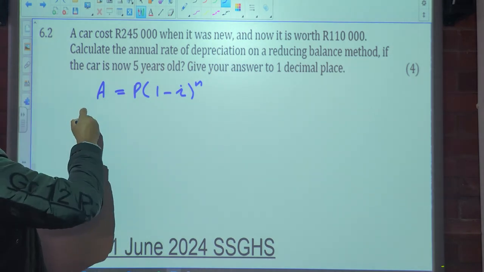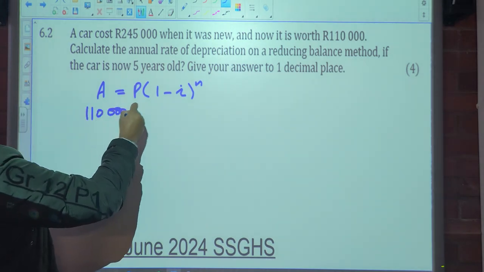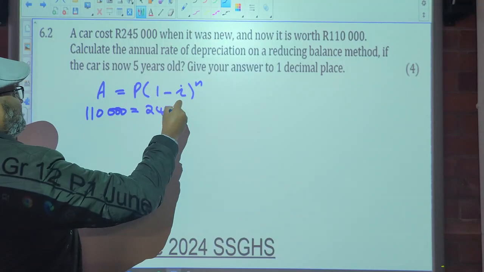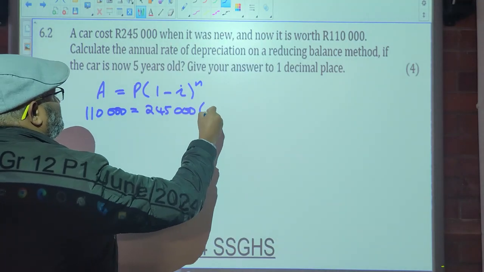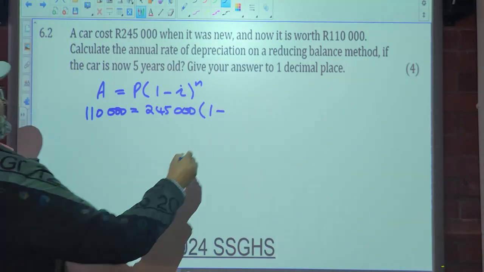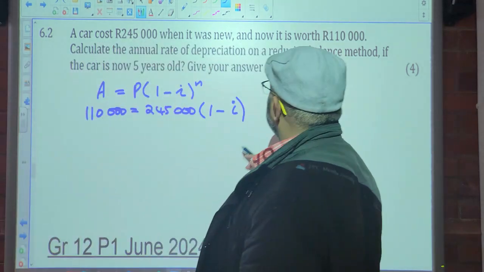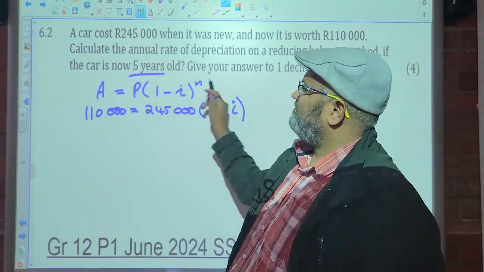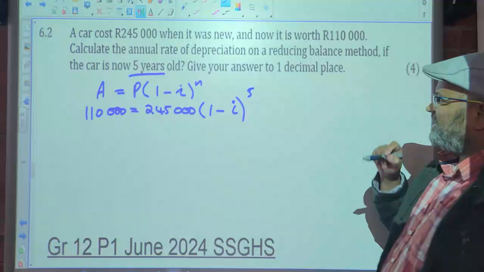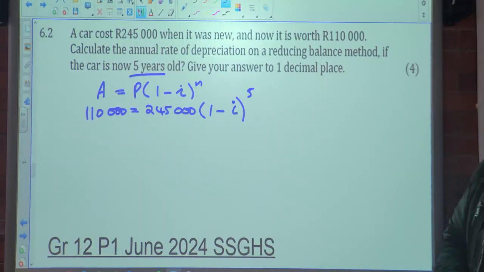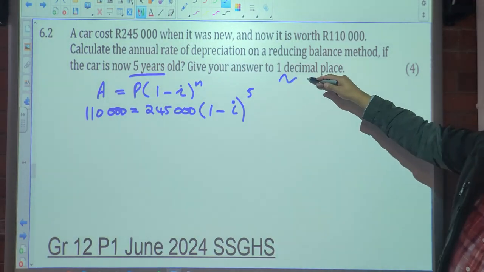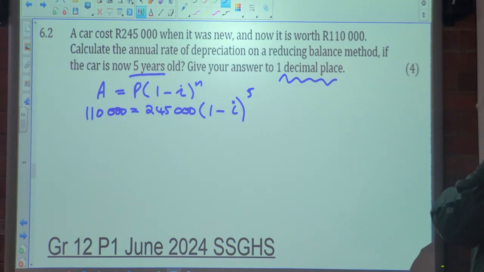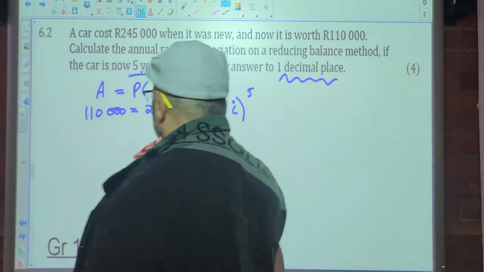It is worth 110,000 now, and it was worth 245,000, into 1 minus i. We're calculating i. The question says over 5 years, calculate your answer to 1 decimal place. Your answer must be in 1 decimal place, otherwise you're going to be penalized. So what do I do first?